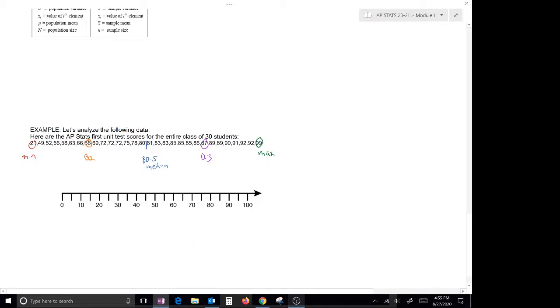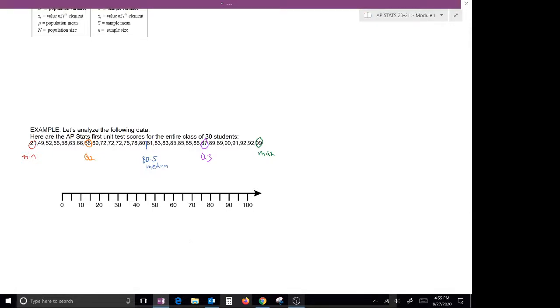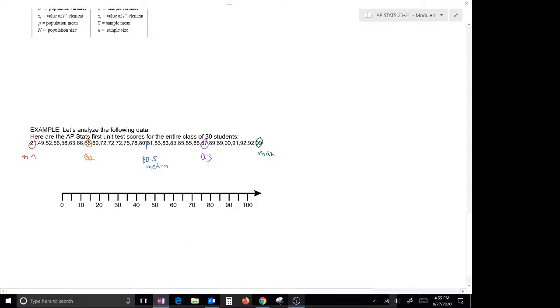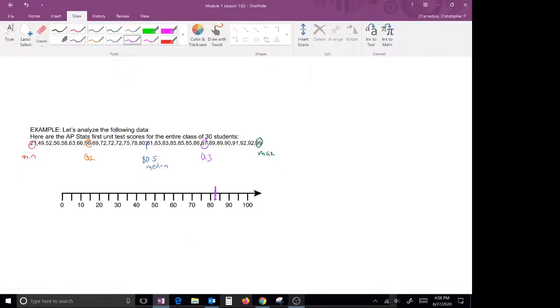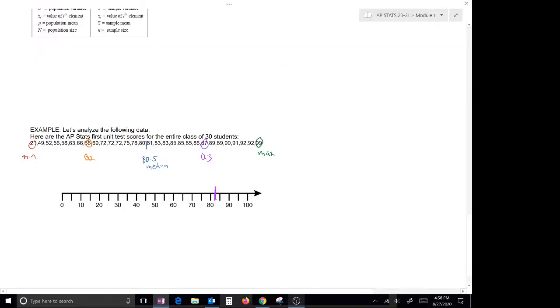And from here we can actually draw a box plot. So I'm just going to mark these down. Q3 on our number line is here. Q1 was 66, right about here.